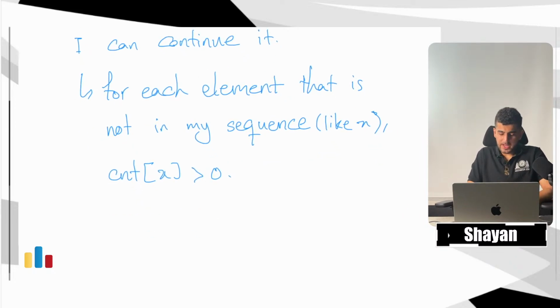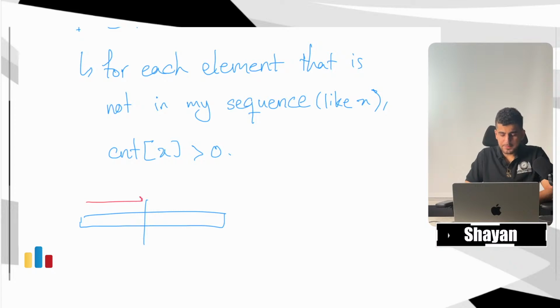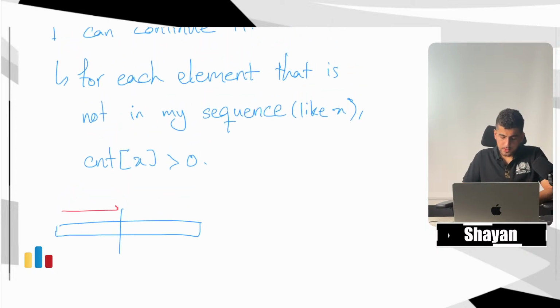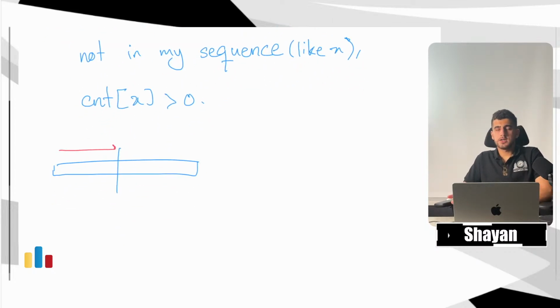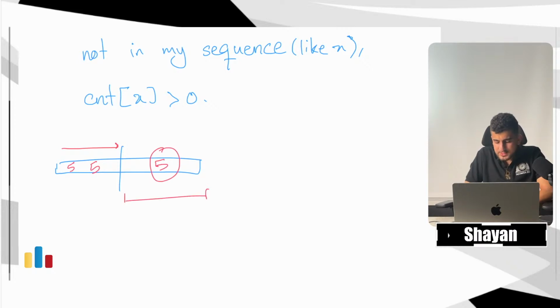I mean that when I have gone so far and made the best sequence lexicographically so far, I must be able to continue it. For example, if there are several 5s in the rest of the array and 5 is not in my sequence, I need to make sure that the count of 5 in the rest of the array is greater than 0, so I have the chance of adding it in the future.